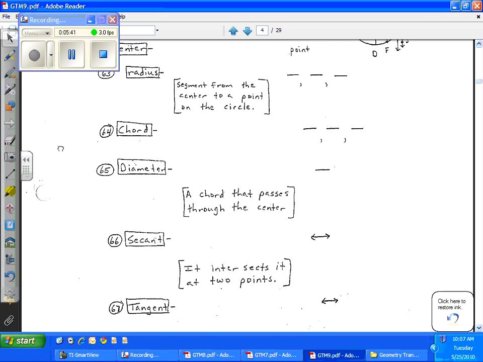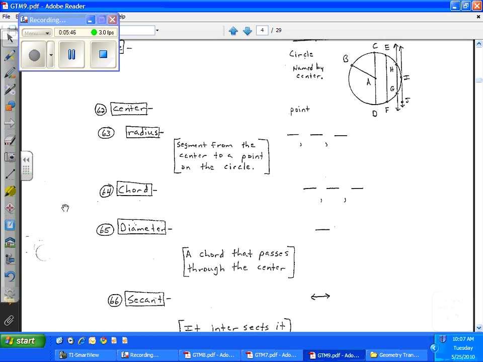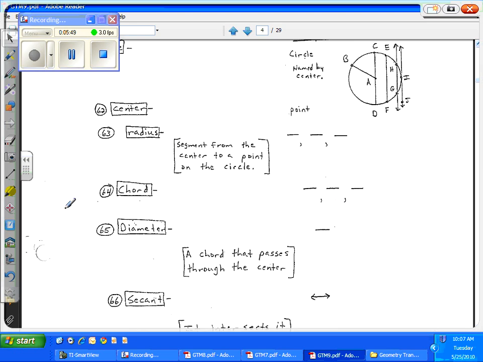A chord. A chord is a segment that joins 2 points on a circle.